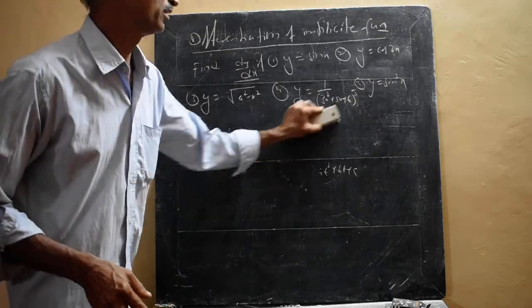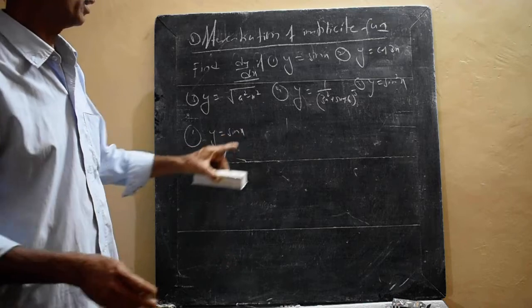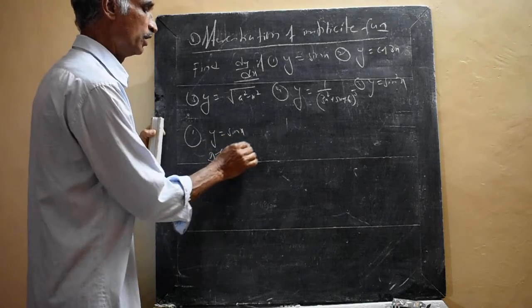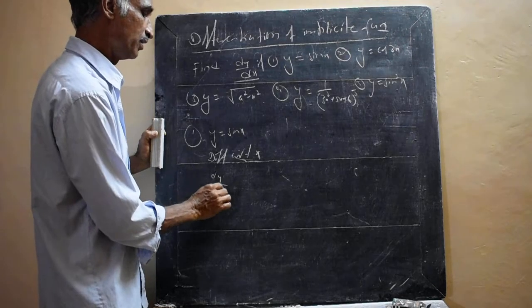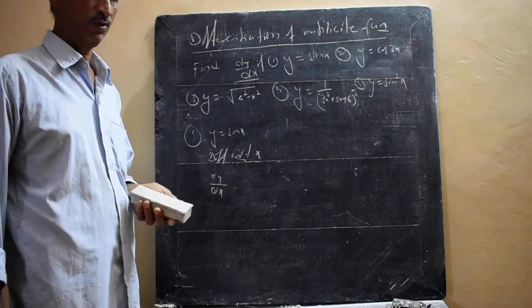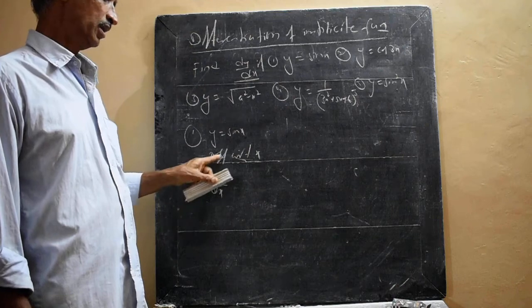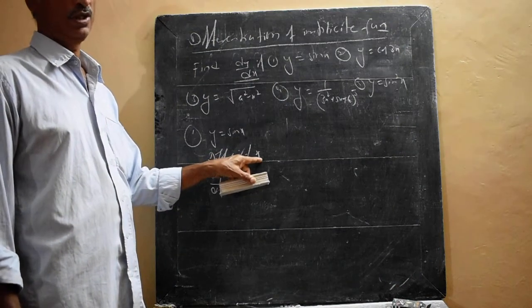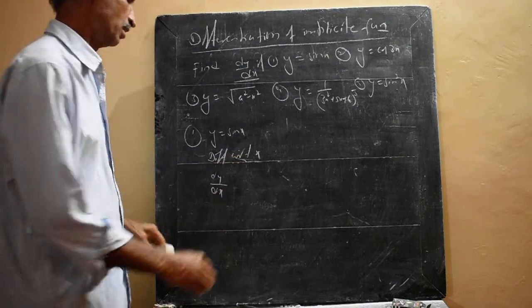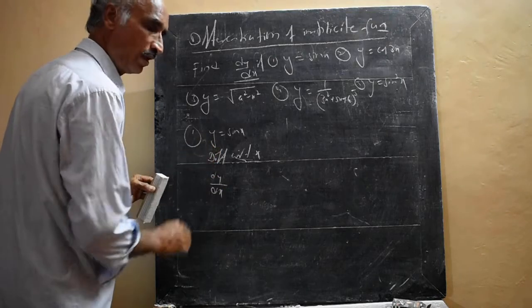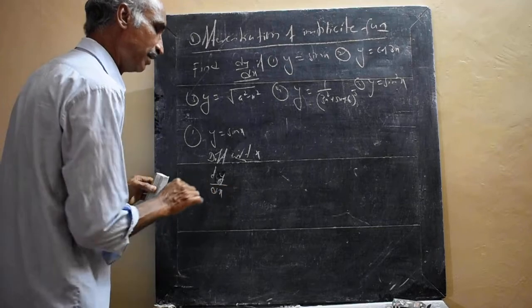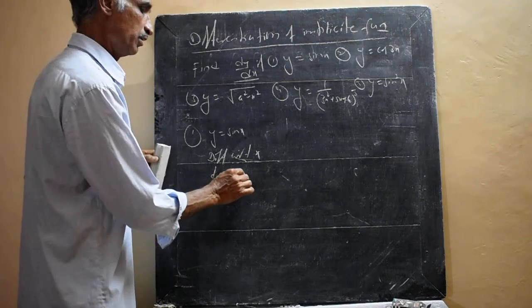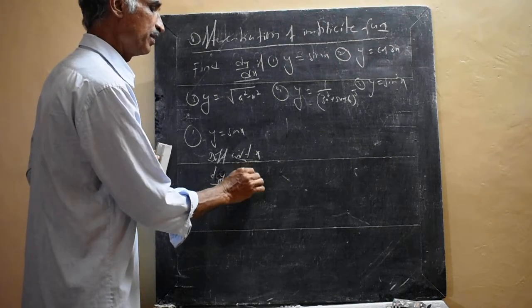So here y is the function of x, therefore differentiating with respect to x means you have to take d by dx on both sides. Therefore d by dx of y, in the bracket y, or simply y, is the same. dy by dx is equal to d by dx of sin x.